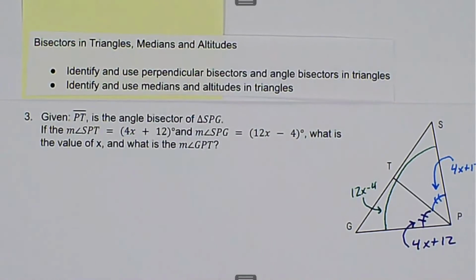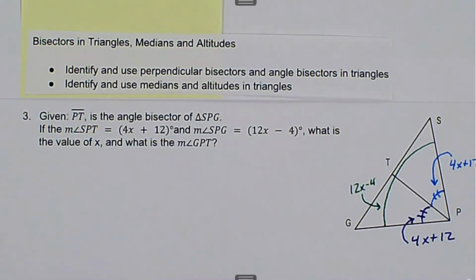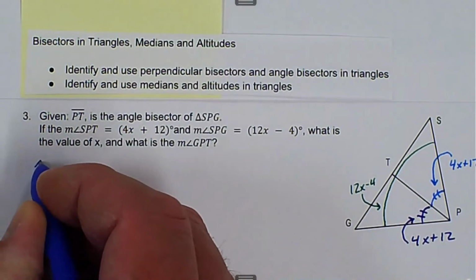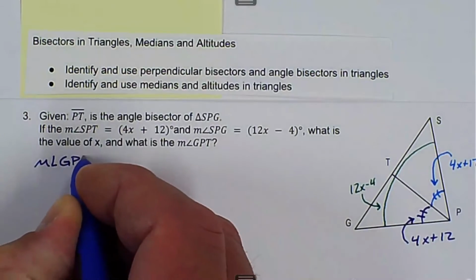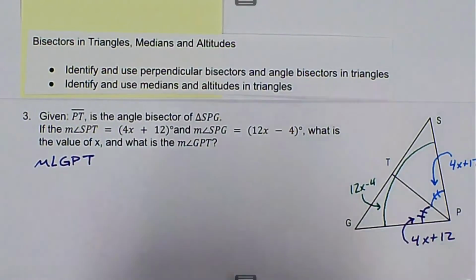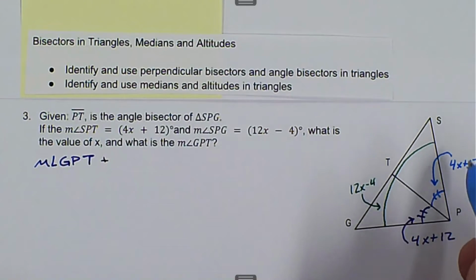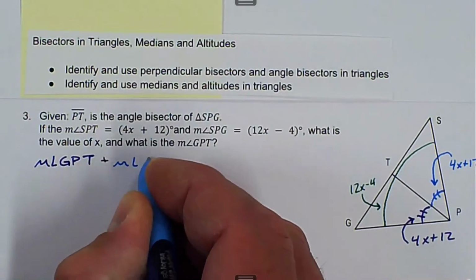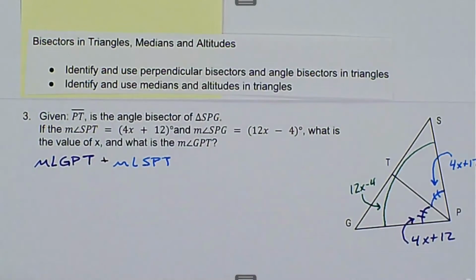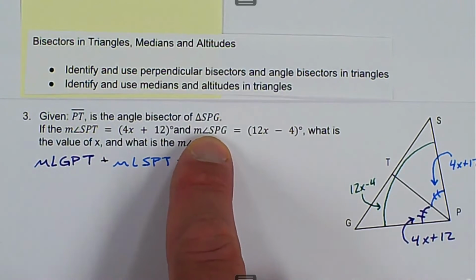So we can set up our angle addition postulate, and we can say that the measure of angle GPT plus the measure of angle SPT is equal to the measure of angle SPG.